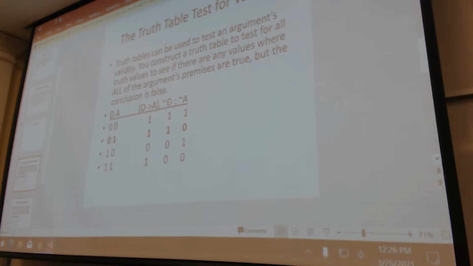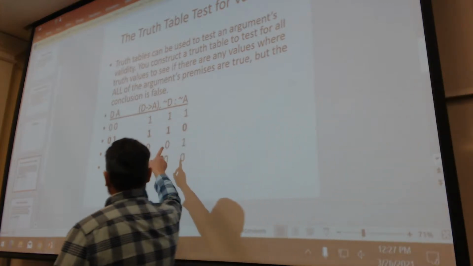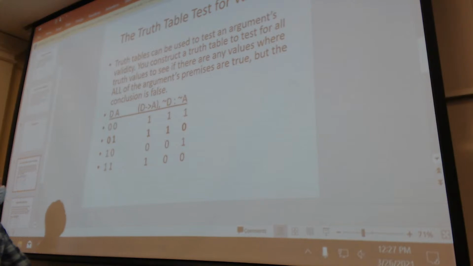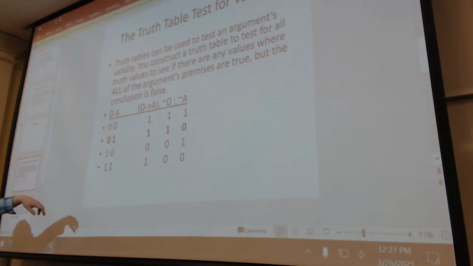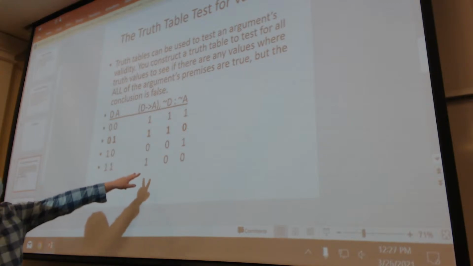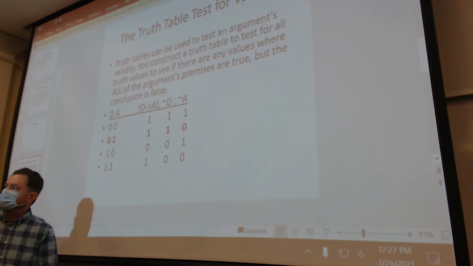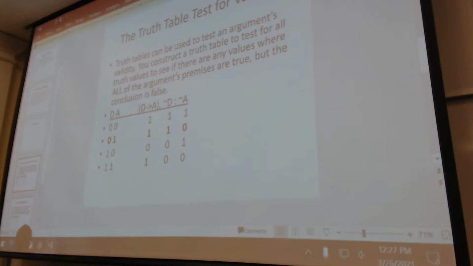So what you do to test an entire argument translated into formal logic is you put all of the constituent statements up on top. You put all the constituent letters of any of the statements on the left side. And then you run through all possible combinations of the constituent letters. You calculate the values that gets for the premises and the conclusion. And what you are looking for is specifically this.